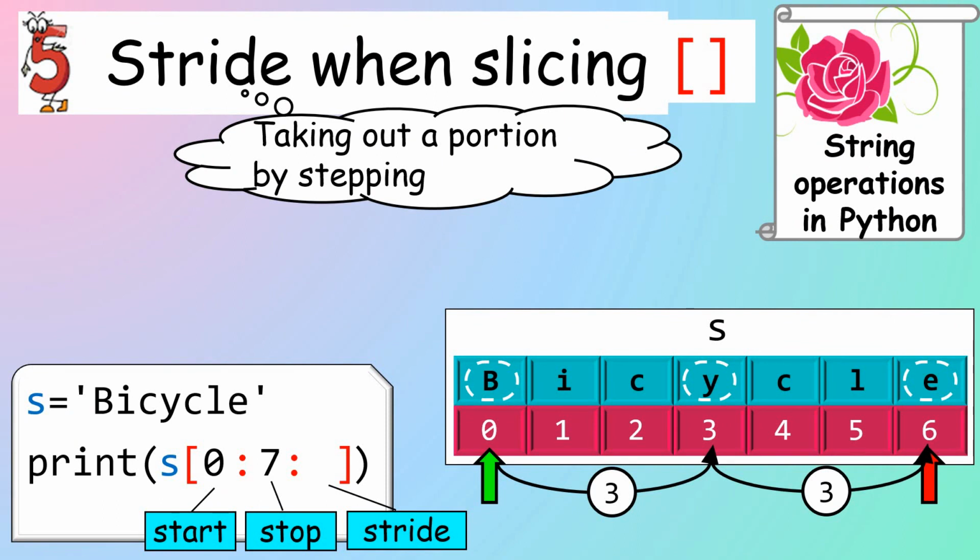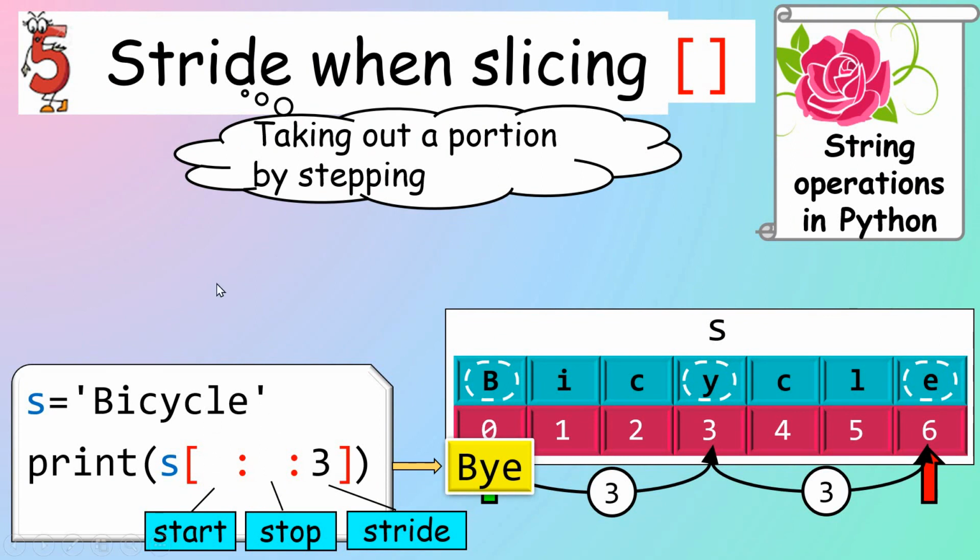So in the place of stride, you give 3. Now this print statement will give the output BYE. Here the start value is 0 and the stop value is 7, which are the default values. So default values can be omitted if you want.